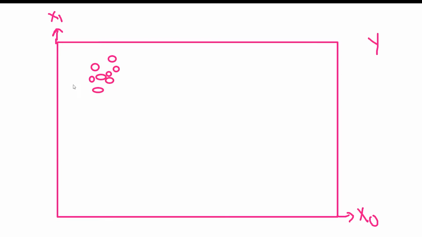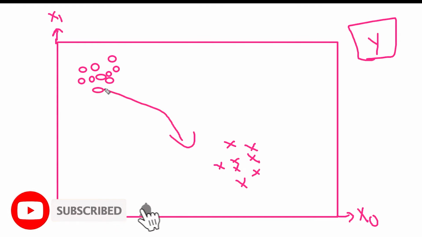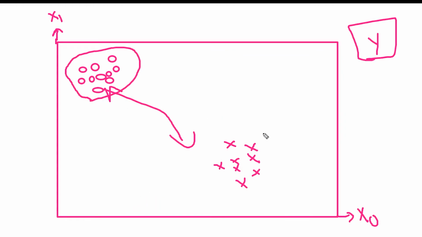This is the data of one class, let's suppose, and then we have some data here. Because we do not have any y, we do not know whether they belong to different classes or to the same class. But that is the main problem: we have to figure out how we can classify them, because we do not have any y. Up until now, every algorithm that we have used the value y to find the classification, but in this part we have to do it without y.